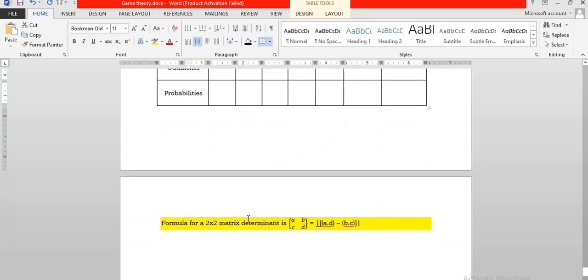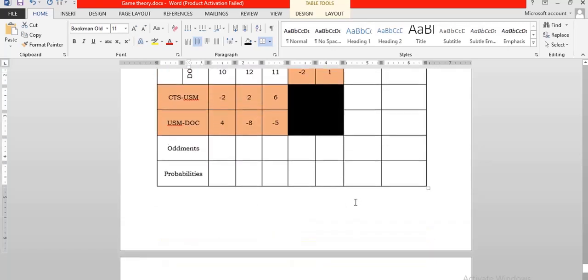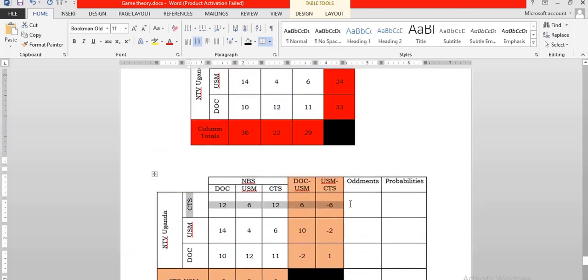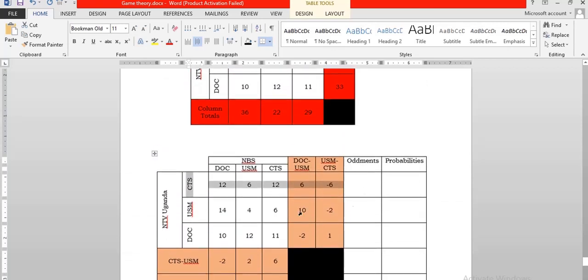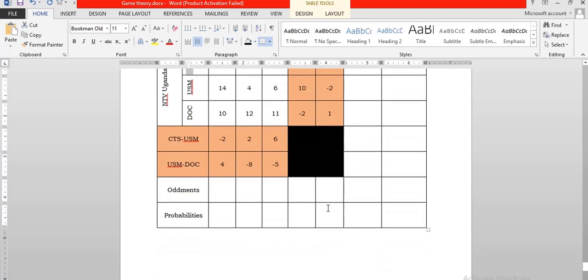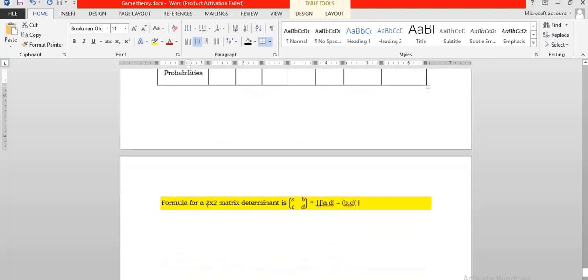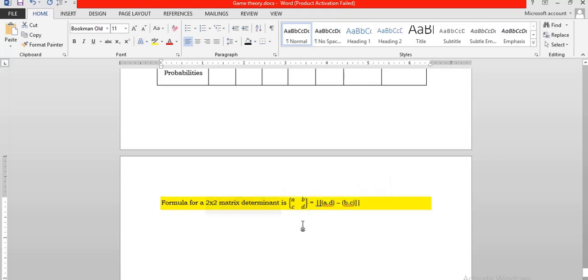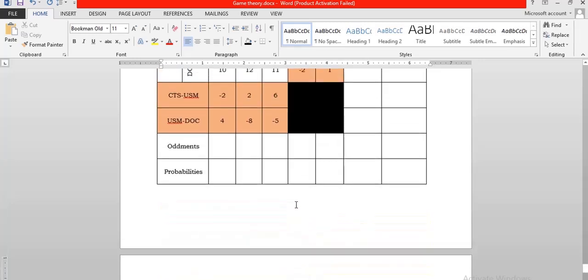So we shall have the remaining portion of 10, negative 2, negative 2, 1. The principle formula says, if you have a 2 by 2 matrix such that it is A, B, C, D, the determinant is A times D minus B times C, and everything is in absolute value, meaning that whatever answer you get, whether positive or negative, shall remain positive. We're going to use that very principle to compute our oddments.